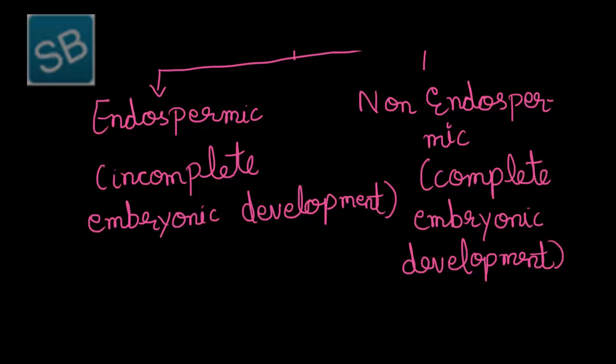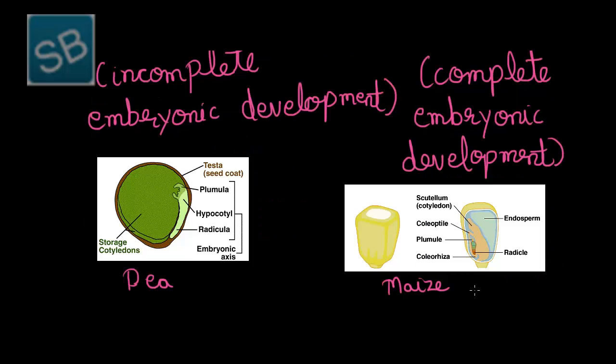Examples include maize, which is an endospermic seed containing endosperm, while pea is an example of a non-endospermic seed lacking endosperm due to complete embryo development.